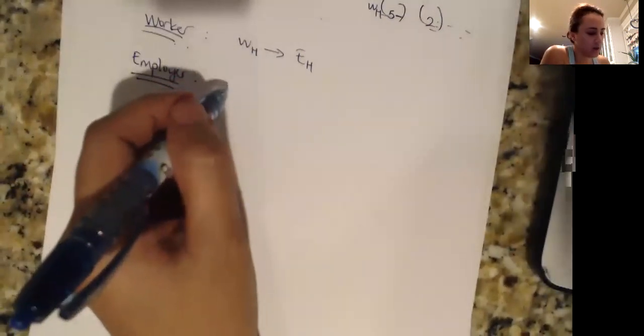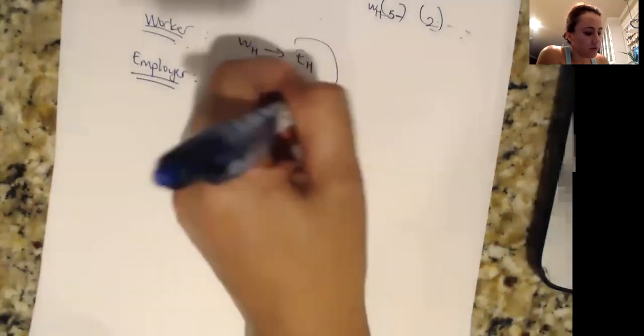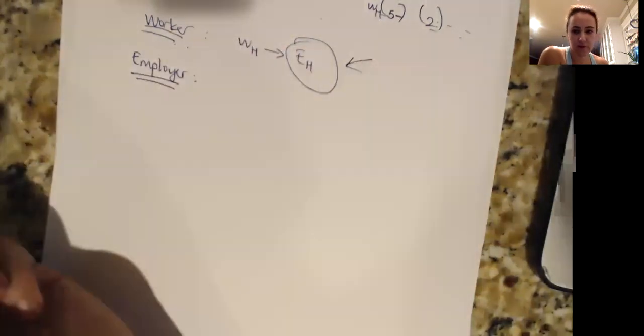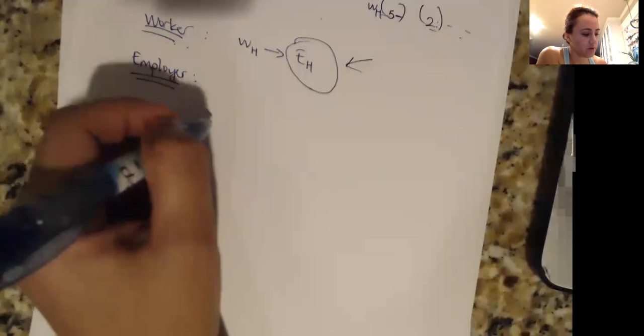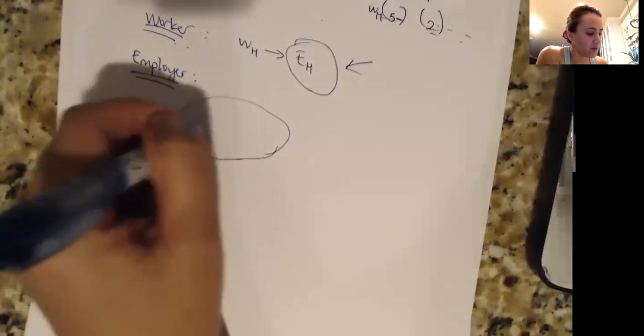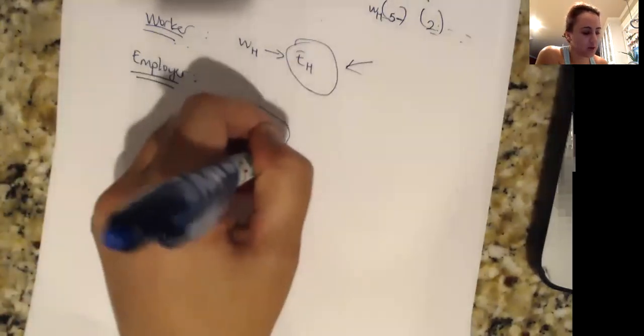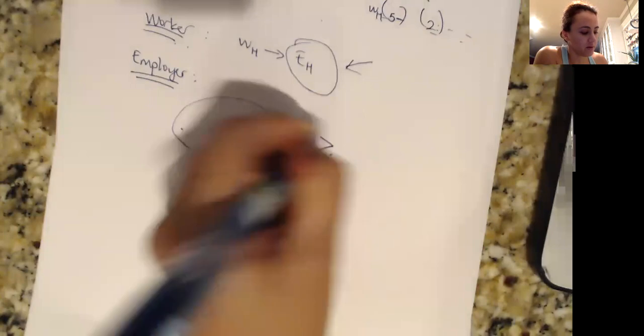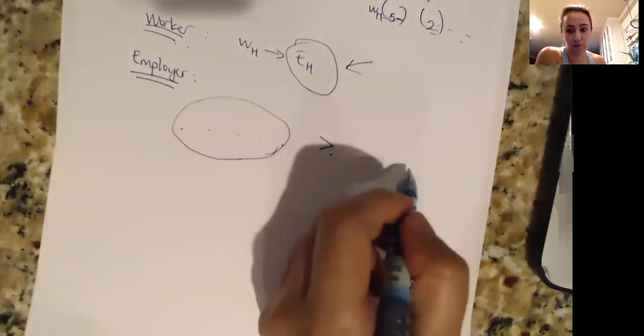Okay, so I need to make sure that playing WH, given that the worker is playing Grim Trigger as well, is going to give us a higher sum of discounted payoffs than cheating and choosing WL.